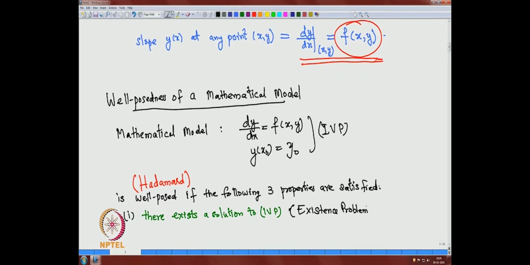Given a mathematical model, the first question is to decide whether there exists a solution or not. That is the existence problem. The second problem: is the solution unique?